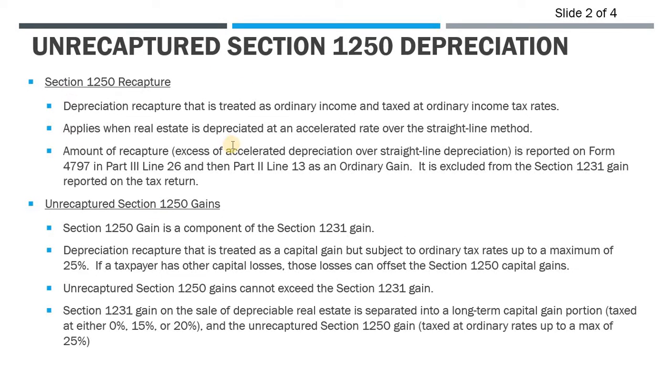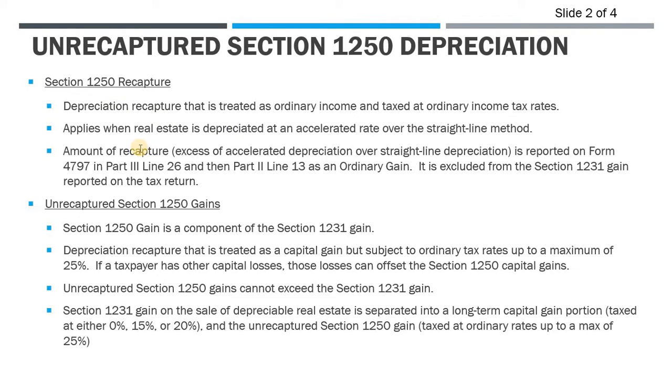So we start with Section 1250 recapture. This is depreciation recapture that is treated as ordinary income, and it's subject to ordinary income tax rates, period. Right? So there is no concept of it being capital gain at all in nature. So when do you have this 1250 recapture?